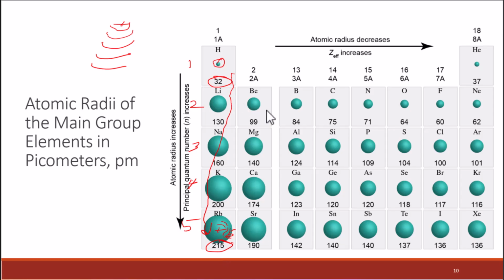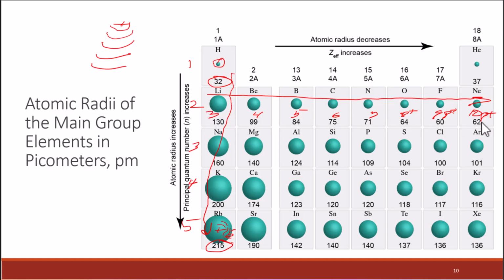As we go from left to right, what's happening? More protons in the nucleus. Over here with neon, you've got 10 protons in the nucleus pulling on its 10 electrons. Over here, this is 9 protons, 8 protons for oxygen, and 7 and 6, and then 5, and all the way over here 4, and then 3 protons in the nucleus.